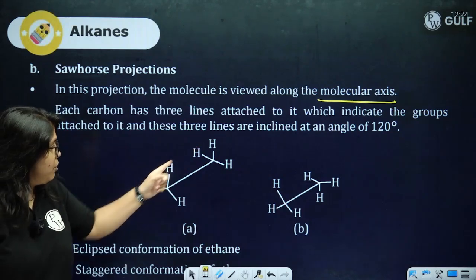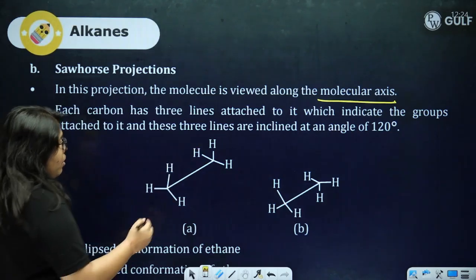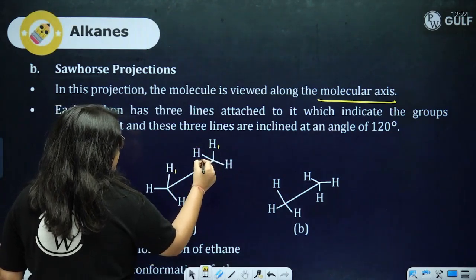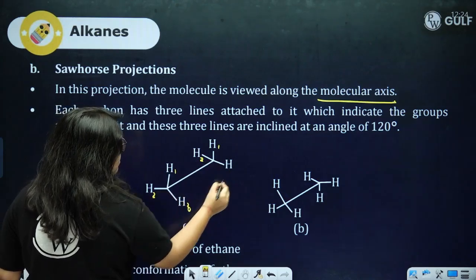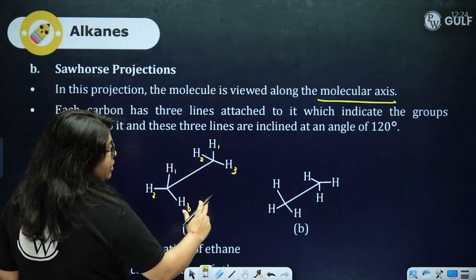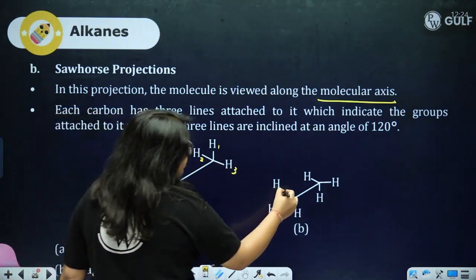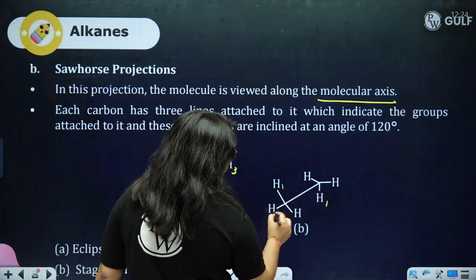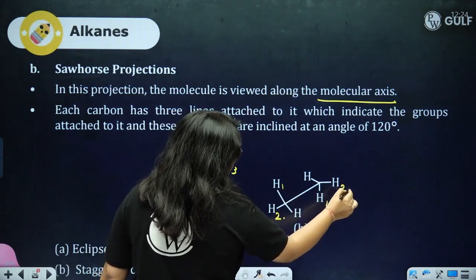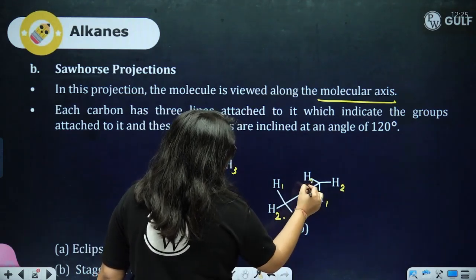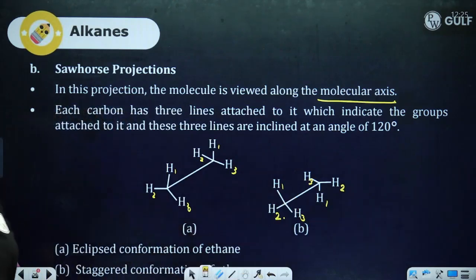You see hydrogen, hydrogen. You see their orientation, and over here you look at this one, one, opposite, 180 degrees, two, two, three, three, opposite. Right? So the interaction between them is the least.